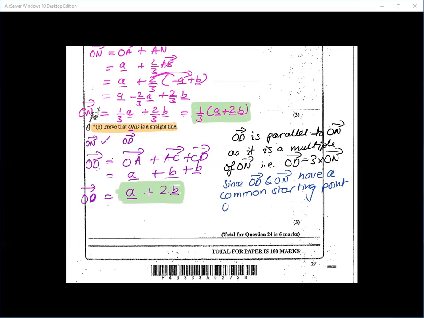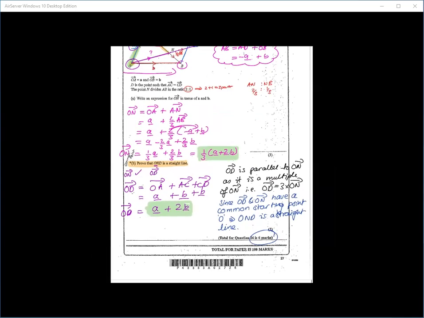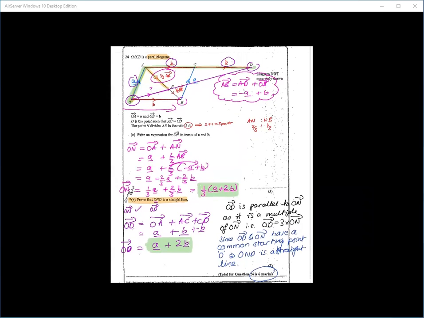Exactly. Therefore, OND is a straight line. So they're parallel and they start in the same place, so the one vector is on top of the other vector. And that question's worth 6 marks. Okay, lovely question.